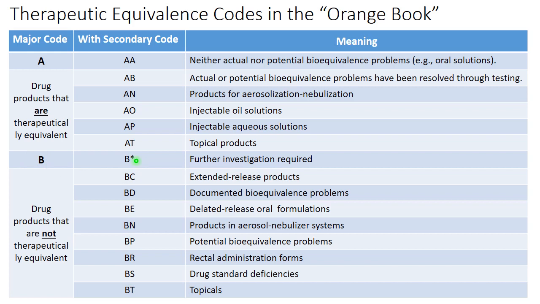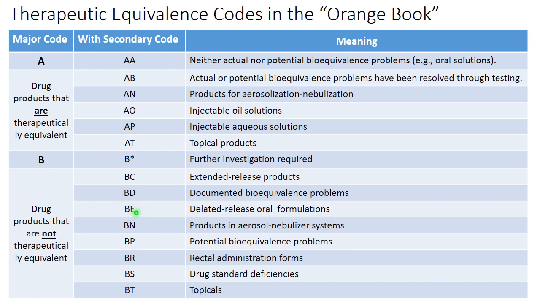You don't have to memorize these, but further investigation required. Extended release products are usually not going to be bioequivalent. We might have obvious documented problems with bioequivalence. Delayed release oral formulations.